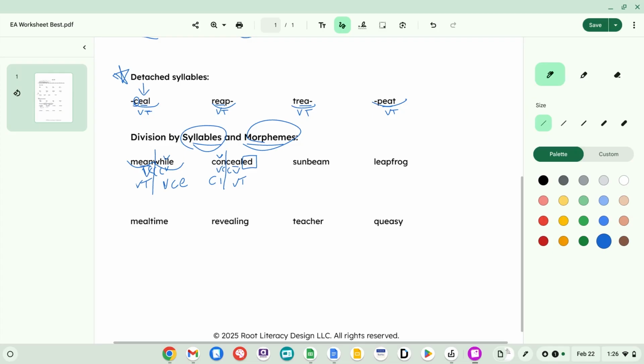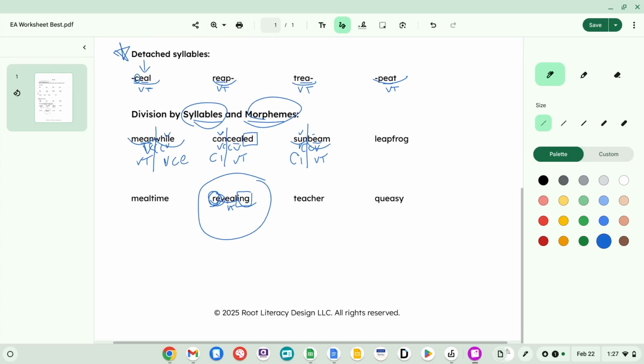For this word, we would mark the vowel, say E, consonant, consonant, divide, closed, vowel team, E, sun, beam. And then for this word here, I would look at it and I would see that there is a suffix. So I box the suffix, circle the prefix. This is a vowel team. So this would be revealing.